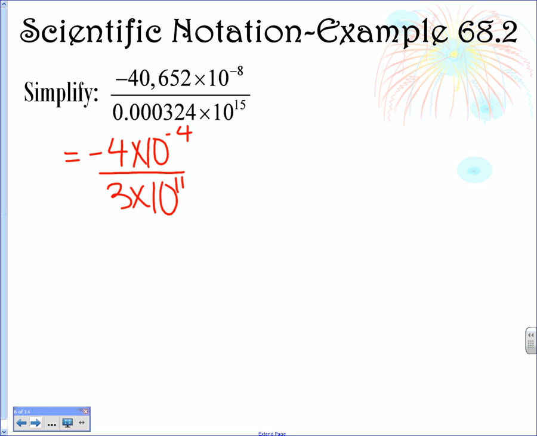Open parentheses, -4 times 10 to the -4. Close parentheses. Then what? Divide by, open parentheses, 3 times 10 to the 11. Close parentheses.